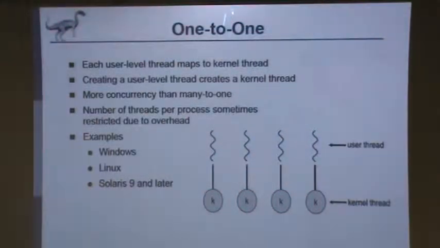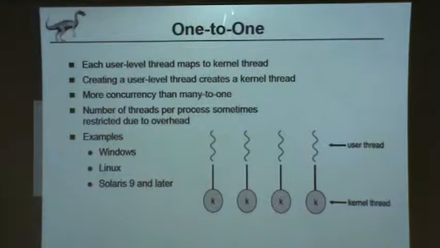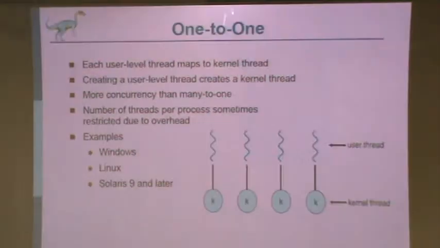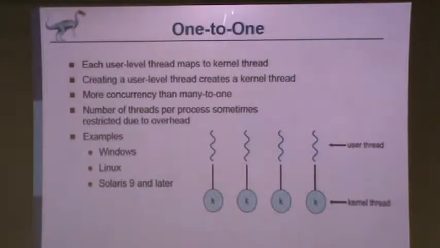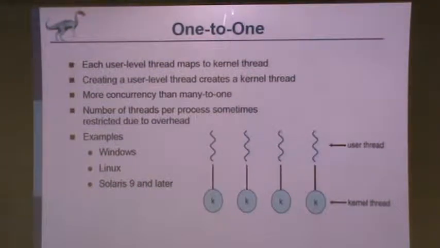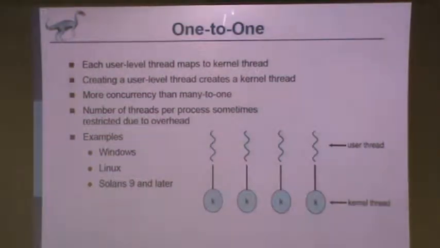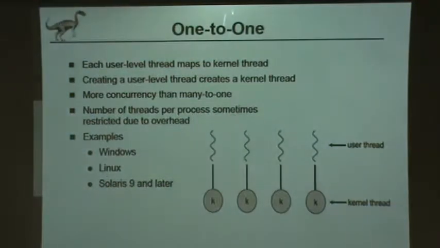You don't want to create a huge number of user threads connecting to kernel threads, because the kernel has to maintain the system running. Later we'll talk about the thread pool, which can limit the number of user threads created.